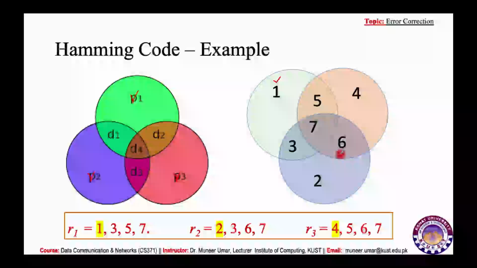So by looking into this diagram, we can easily know which bit is present in which block or blocks, and in which blocks or a single block it is not present. So each bit can be identified very easily.